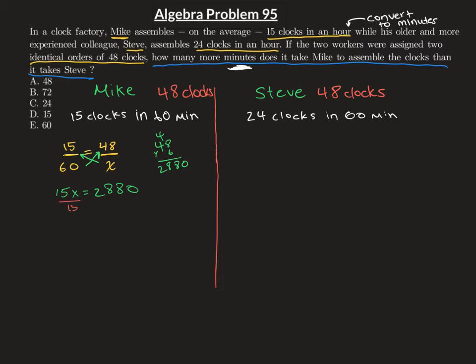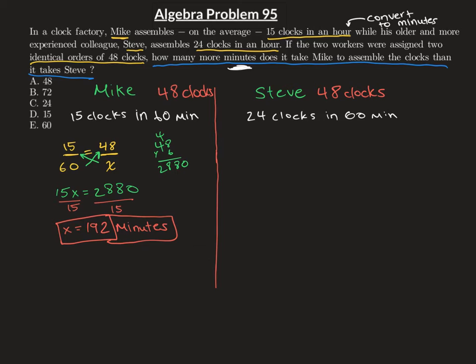So divide by 15, divide by 15. X is equal to 192. So it takes him 192 minutes to assemble 48 clocks.